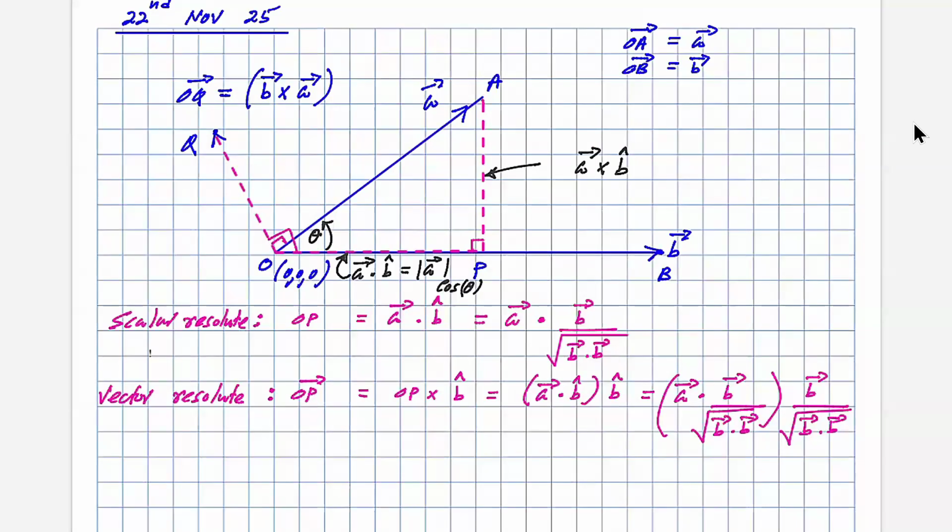And that magnitude is nothing but the magnitude of A times sine theta. You know this from SOH CAH TOA. When you have a right angle triangle, r cos theta, r sin theta. Now you have written it in terms of vectors.